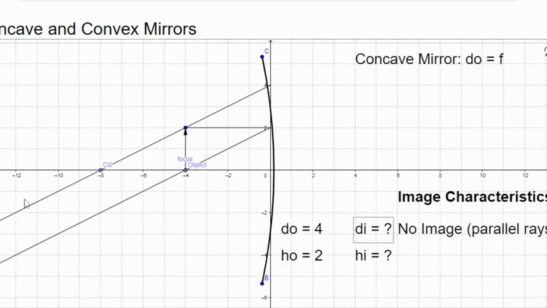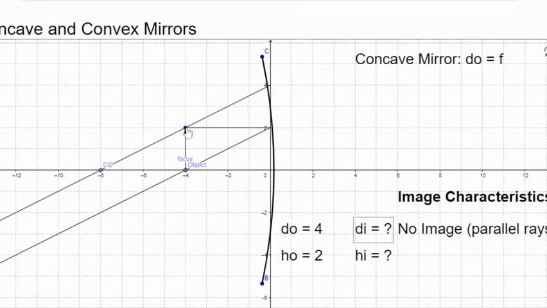The way they reflect off the mirror causes them to reflect parallel to each other. And we know, of course, that parallel light rays never intersect. So the answer to the question, where will the image be formed, is also the answer to the question, where will the reflected light rays intersect? And the answer, of course, when they're parallel is they will never intersect.